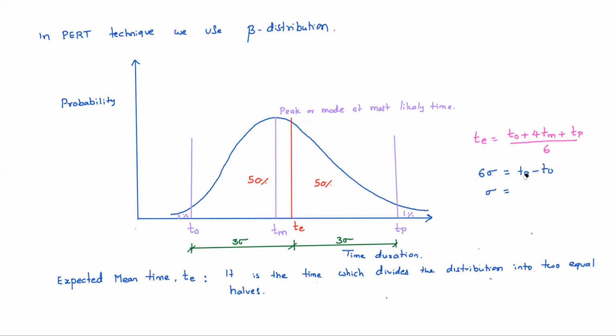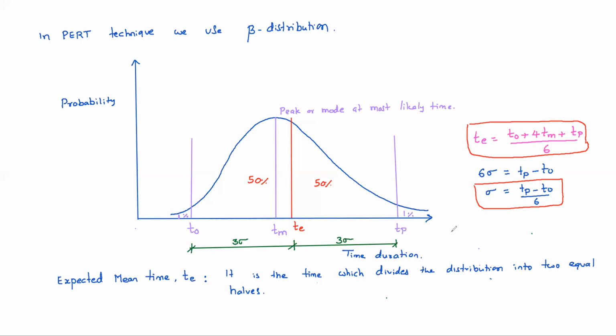So standard deviation equal to TP minus T naught by 6. You should remember this also. So these two things are important: standard deviation and expected time.